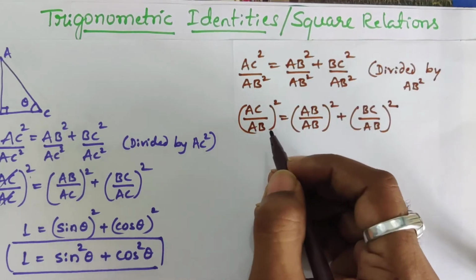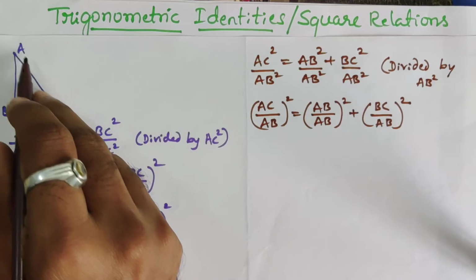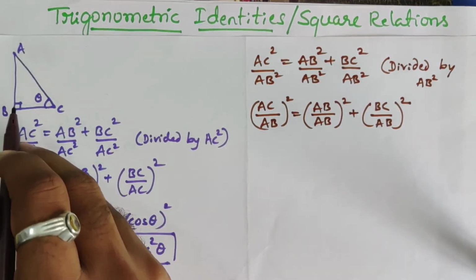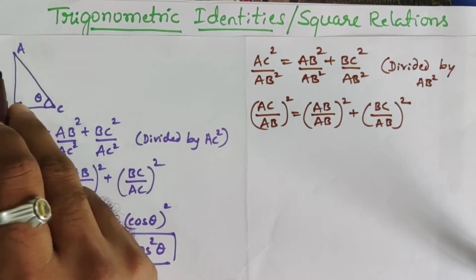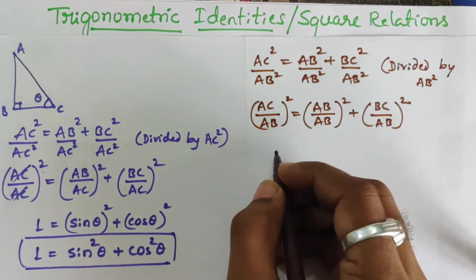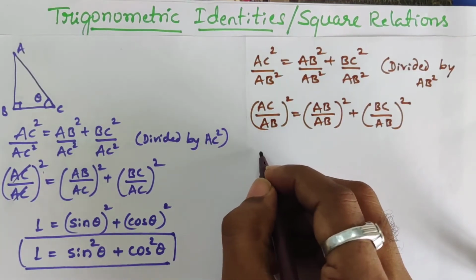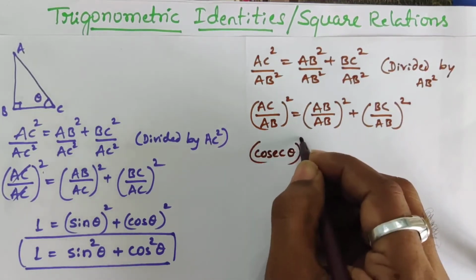Now AC by AB means what? With respect to theta, AC is hypotenuse, AB is opposite. We know that opposite by hypotenuse is sin theta, but now it is hypotenuse by opposite, which is the reciprocal of sin theta, that is cosec theta. So whole square.